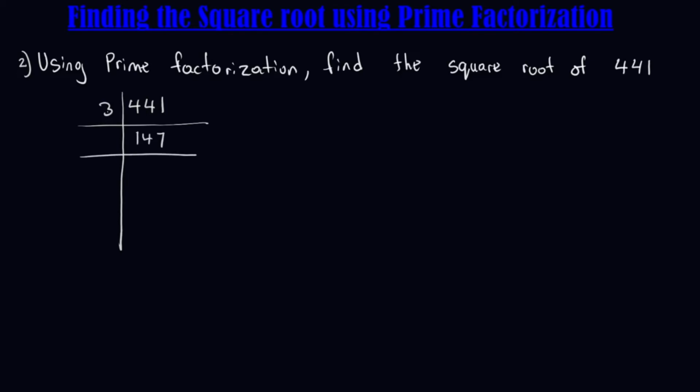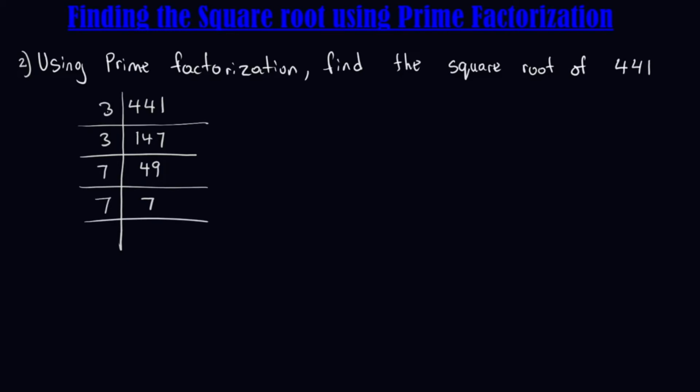Then we identify the next lowest prime number that can go into 147, and that is also 3. So 3 into 147, we're left with 49. The lowest prime number that can go into 49 is 7. 7 into 49 gives us 7. And the lowest prime number that can go into 7 is 7.